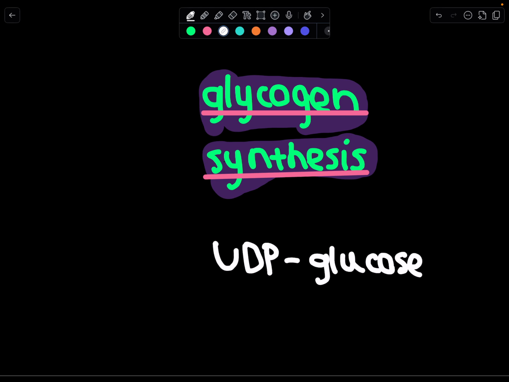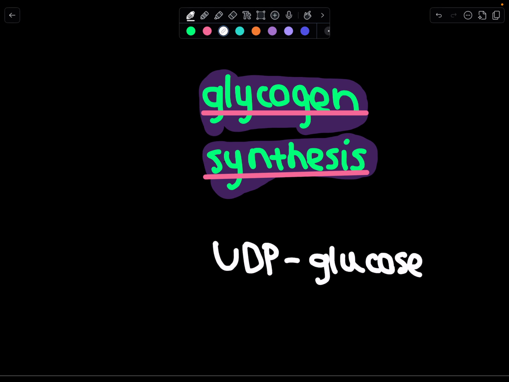The branching enzyme later adds alpha-1,6 bonds to create glycogen's branched structure. The UDP, uridine diphosphate, is just a nucleotide carrier that activates glucose, making it ready to be linked into glycogen in liver and muscle cells. Want more on the enzyme steps or why UDP is key?